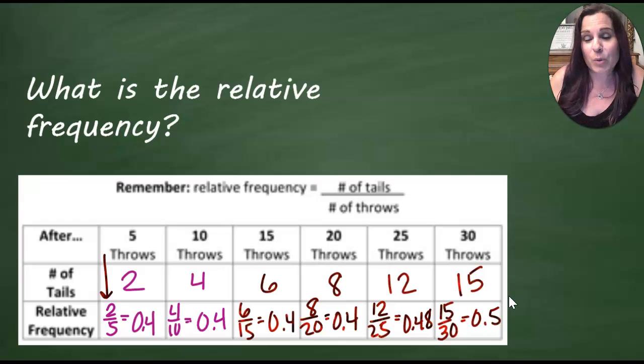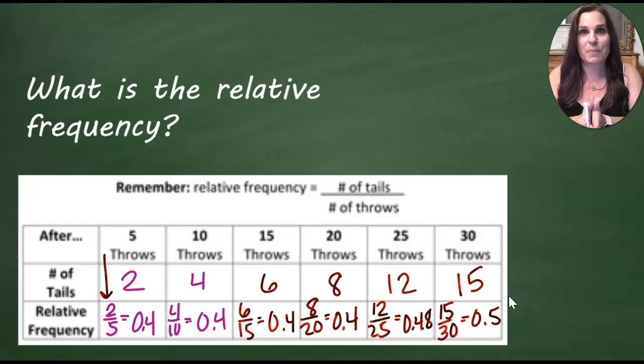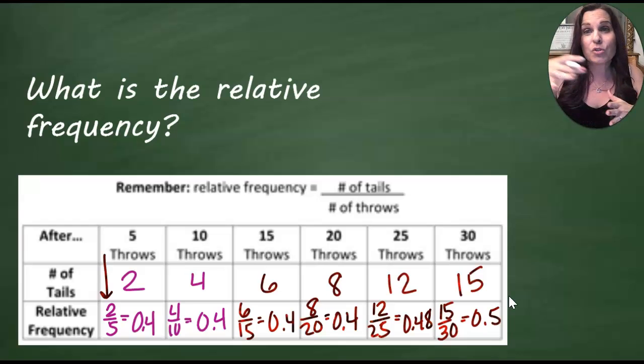But I could have gotten 14, or I could have gotten 16, or I could have gotten 17 or 13, something kind of close to 15. It doesn't always come out to exactly what you think it's supposed to be. But what does happen is the more trials you do, the closer the experimental probability will get to the theoretical probability.